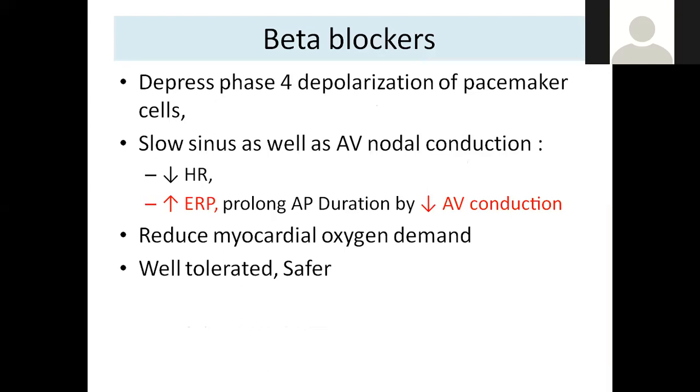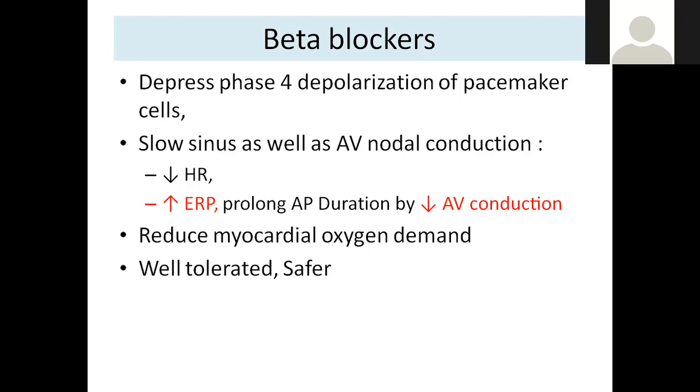So this was all about the class 1 antiarrhythmic drugs, and we have further classified class 1 drugs into class 1A, class 1B, class 1C. Now we'll be coming to the class 2 drugs, which are the beta blockers, which depress the phase 4 depolarization of pacemaker cells.